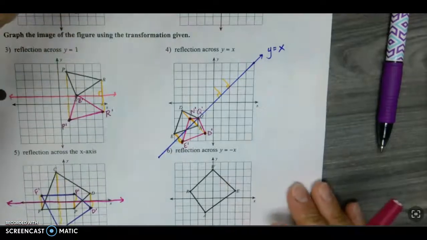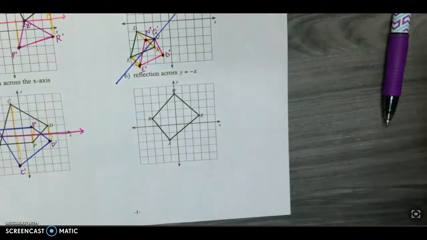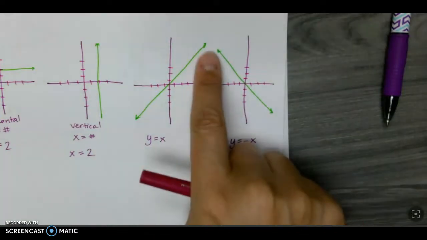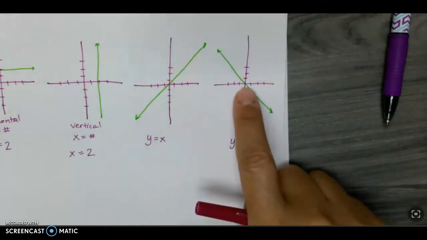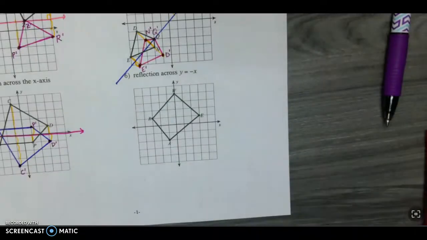All right, so now we'll do the last one here, the last reflection. And again, if you remember, y equals negative x has a slope of -1, and it goes through the origin, 0, 0. So we're going to sketch our line of reflection.